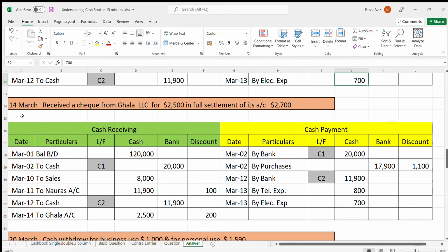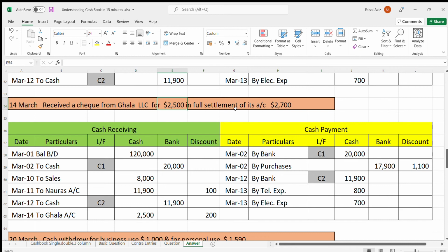Now the next transaction is 14th of March: received a check from Ghala LLC for $2,500 in full settlement of its account $2,700. So the business had to receive an amount of $2,700, but they received only $2,500. Since they have settled it fully, we can think that the business has given a $200 discount to the customer.